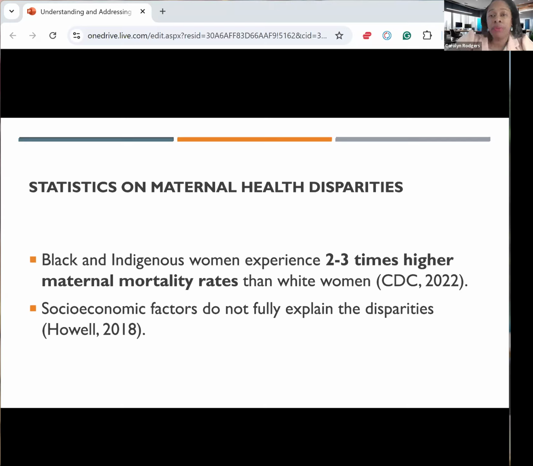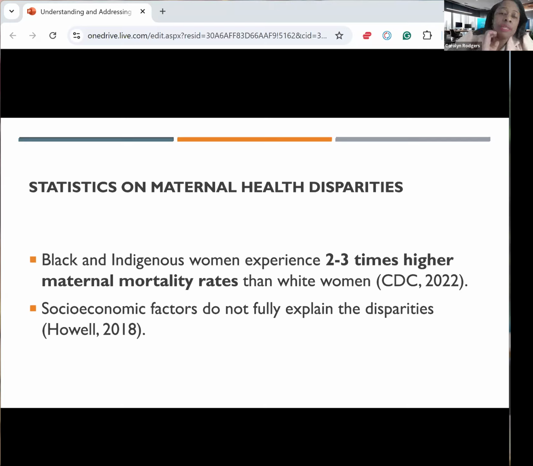Black women with higher education and income still face significantly worse maternal outcomes than white women with lower education and income. An example of that would be that a college-educated Black woman is more likely to die from pregnancy-related causes than a white woman without a high school diploma. And this, again, is data from the Centers for Disease Control. The latest statistic is from 2019 and still prevalent today.